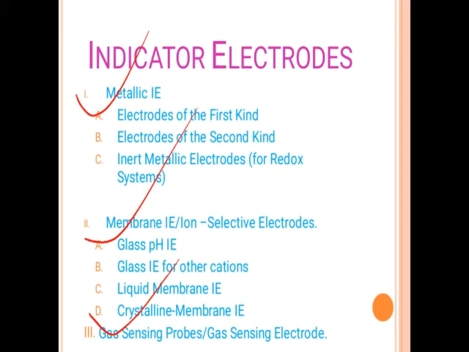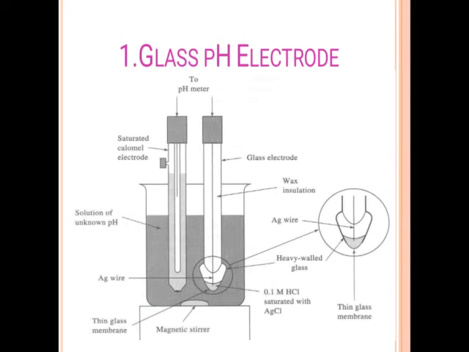Okay, for our syllabus point of view, we have glass electrodes as indicator electrodes. This is the construction of the glass pH electrode.